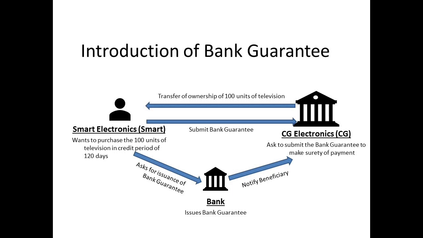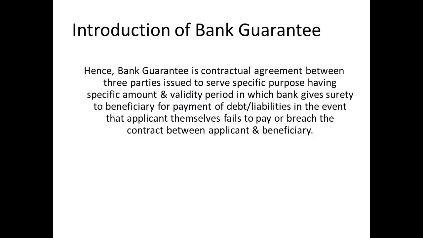Now, CG will accept the bank guarantee and provide 100 units of smart television worth $1 million to Smart Electronics, making it a three-party agreement.